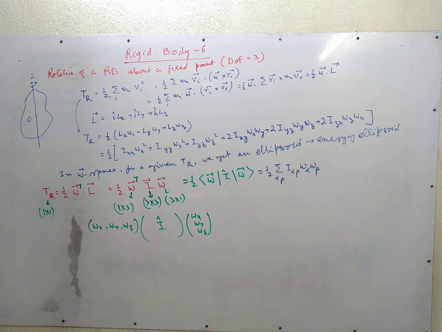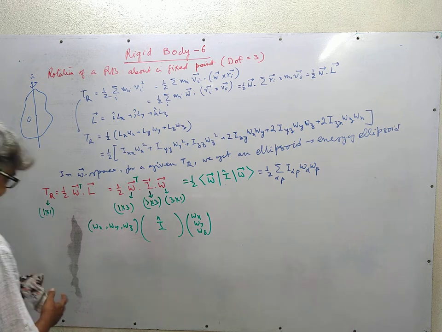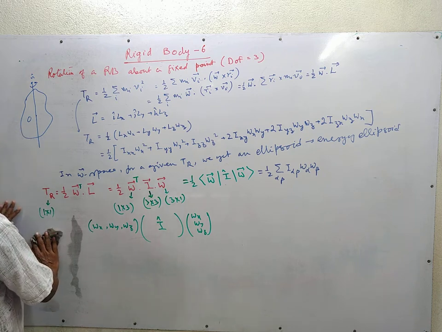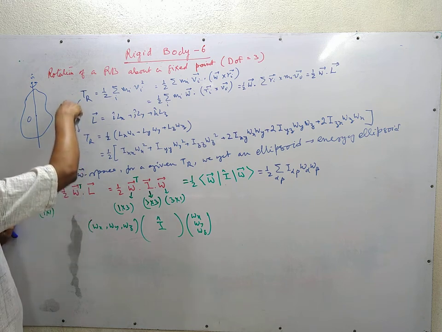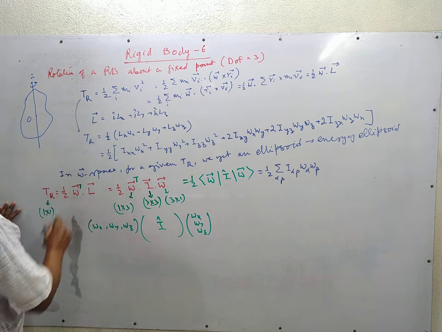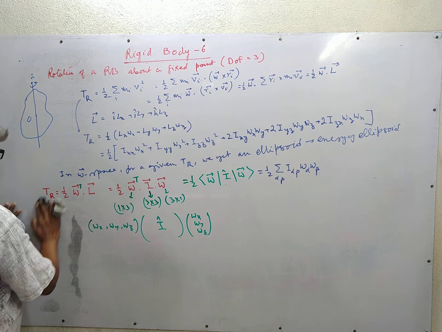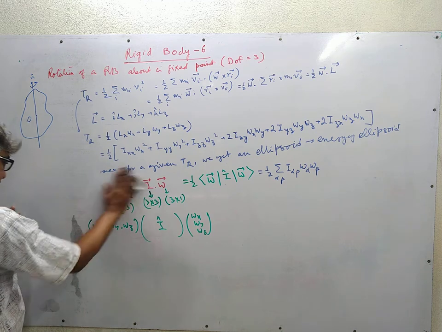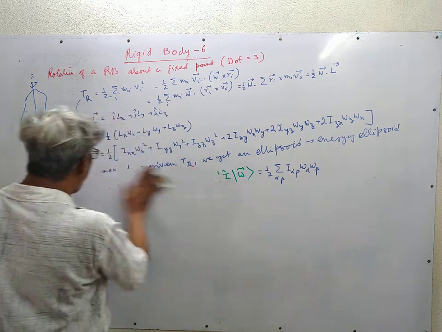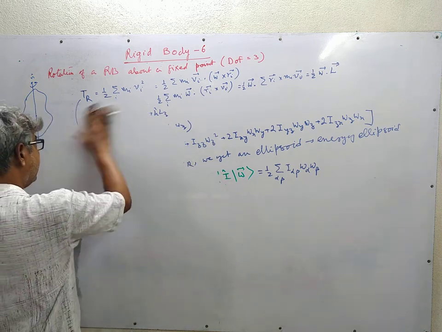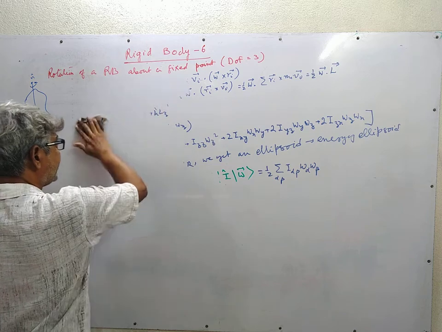Now, as I have pointed out, the calculation of torque is very complicated in the body fixed frame. The entire discussion that we have presented after this is done in the space fixed frame, and we remarked that the calculation of torque becomes very complicated there too.